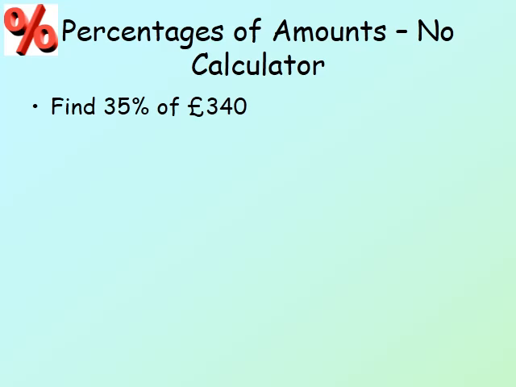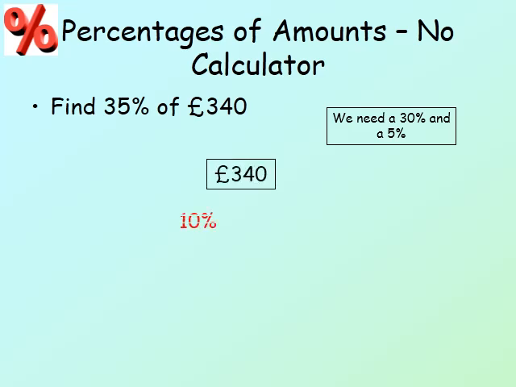So 10% of this amount is 34, and then we need to do the calculations by working out 10% and 5%. What it's saying in this box is we need to find 30% and 5%. So 30% is of course 3 lots of 10%, and 5% would be half of that. So 10% is 34.